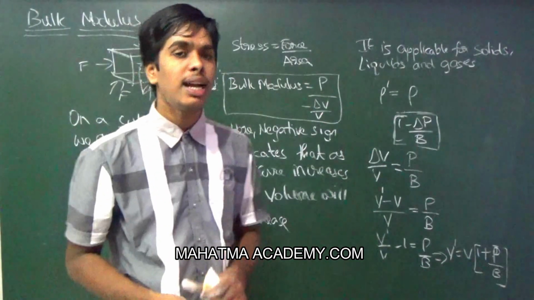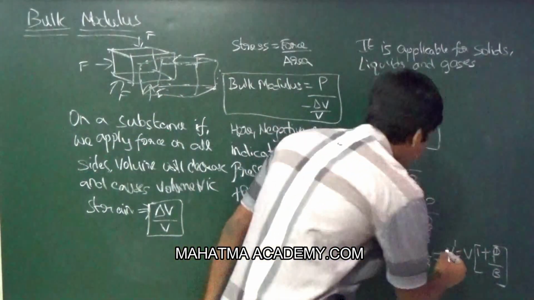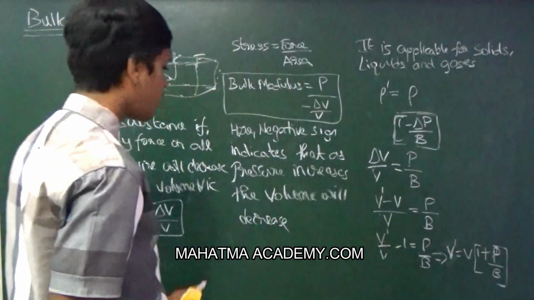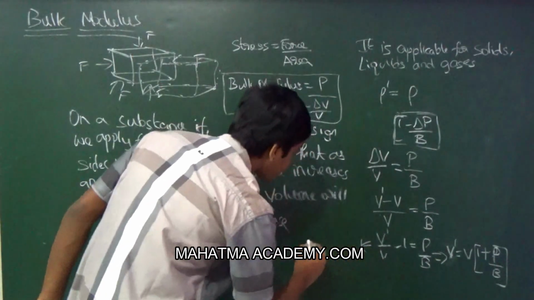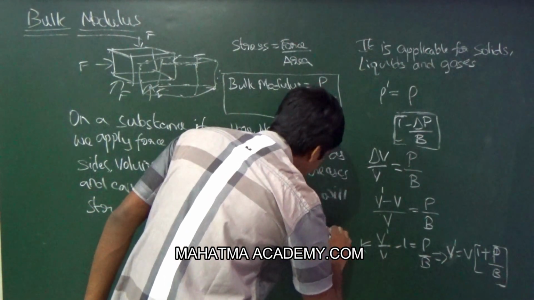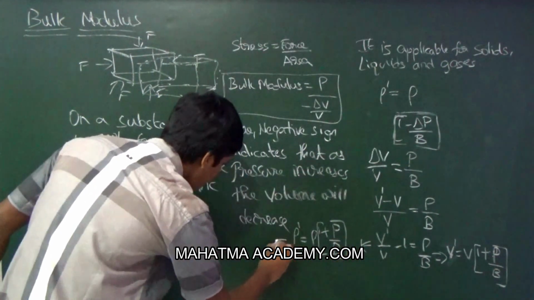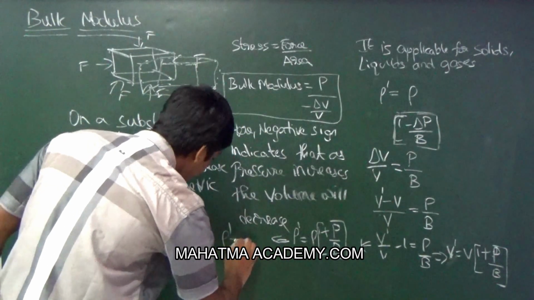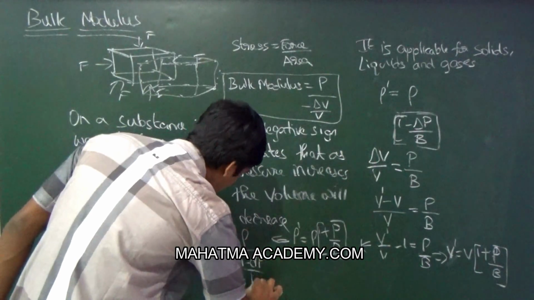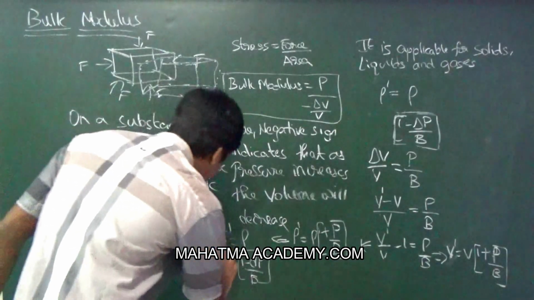Now we know that density is inversely proportional to volume. I will write here, rho dash is equal to rho into 1 plus P by B. From this, rho dash is equal to rho into 1 minus delta P upon B. So we have got the final relationship.